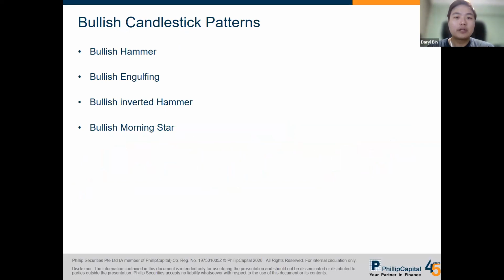Also, there are some important candlesticks we traders should know. Traders use these bullish candlestick patterns to identify the trend themselves. So is it a bullish market or is it a bearish market?